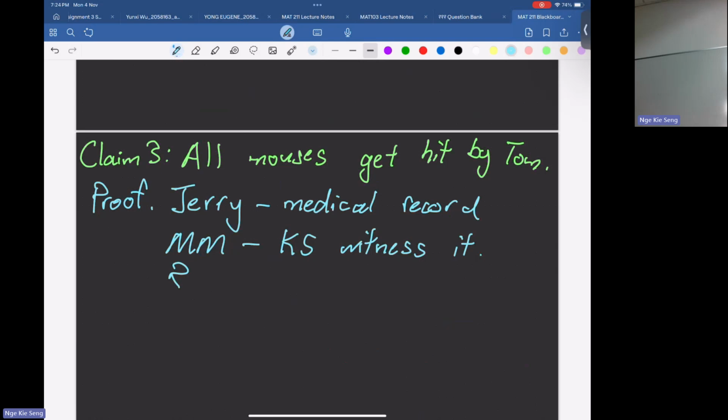Maybe Jerry got hit in the head. Maybe Mickey Mouse got hit in the stomach. Maybe Rat got hit in the leg. So leg injured.